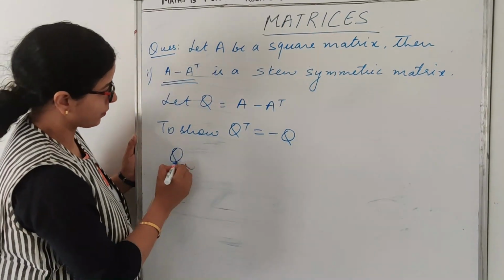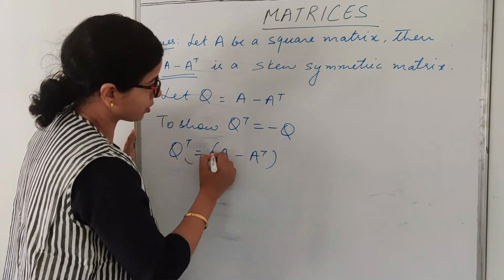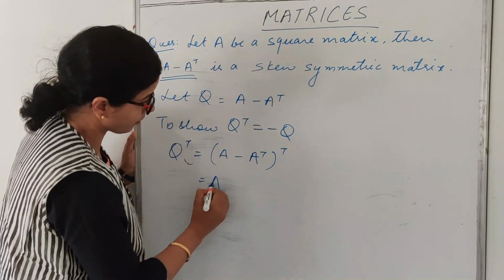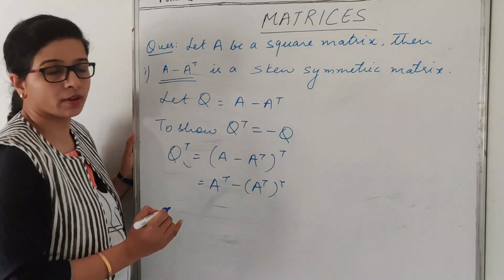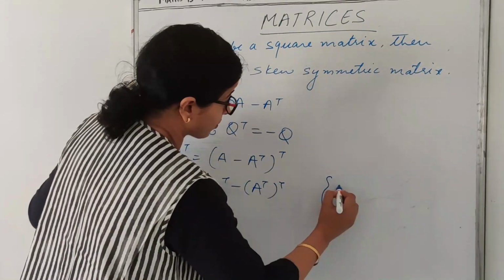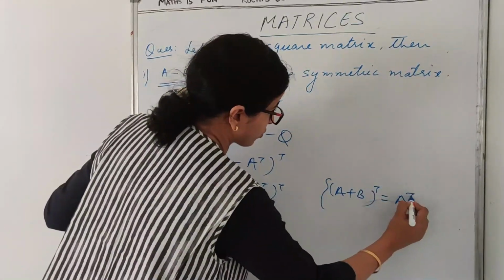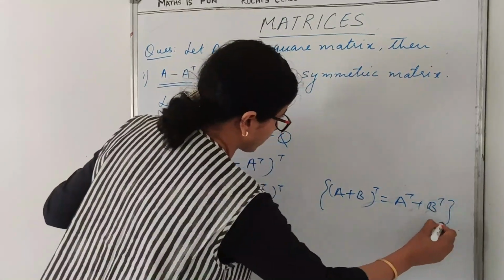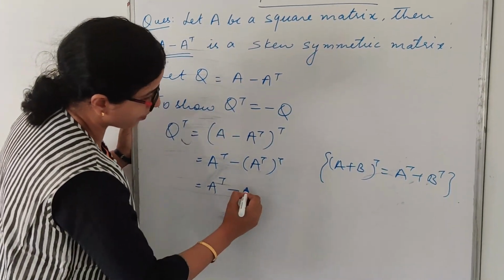So now Q transpose means A minus A transpose whole transpose, which is equal to A transpose minus A transpose transpose. We have used the property A plus B transpose is equal to A transpose plus B transpose.